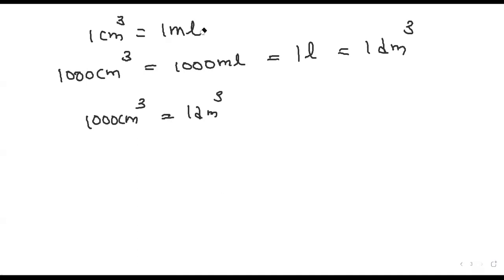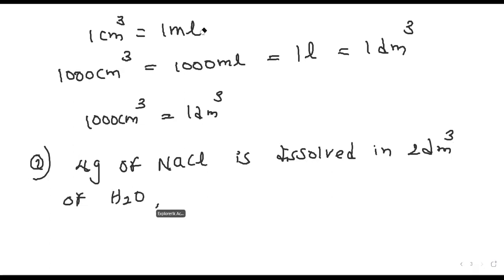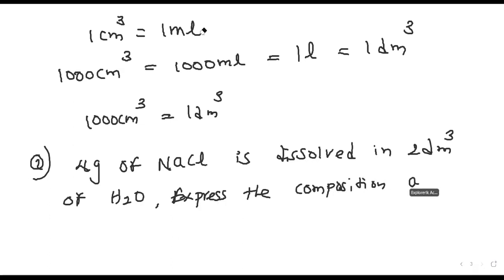And then I gave a sum, right? As I can remember, 4 grams of salt is dissolved in 2 decimeter cube of water. Express the composition as mass over volume. Right, mass over volume.